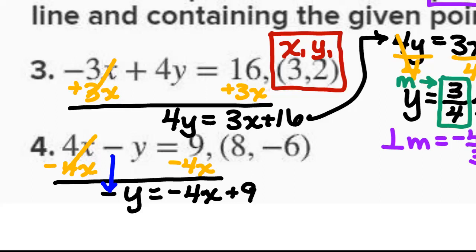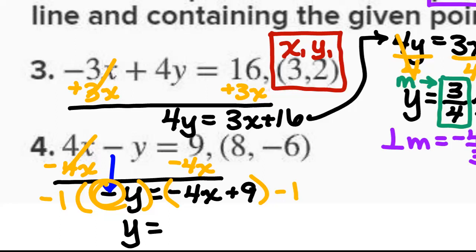Is that in slope-intercept form? No, I got that negative out in front. I need to get rid of this. How do I get rid of a negative sign like that? I can multiply by what? By -1. We can multiply, or you can divide. Multiply one side, I got to multiply everything on the other side then. So negative times a negative gives me a positive y over here. I have to distribute this -1 to both pieces.